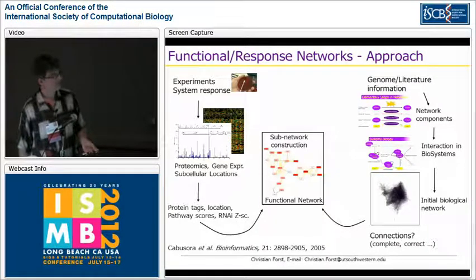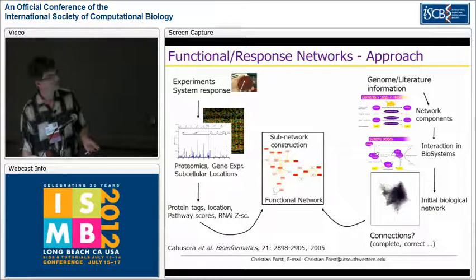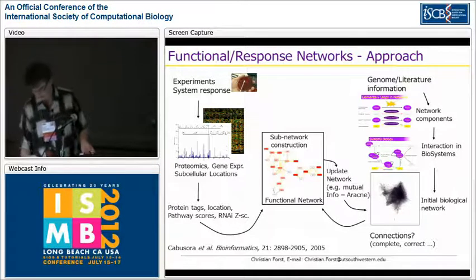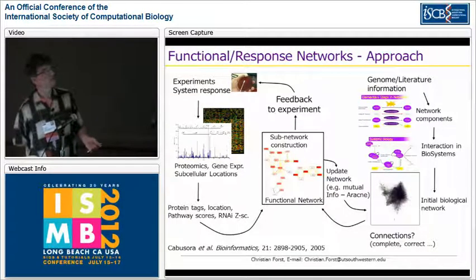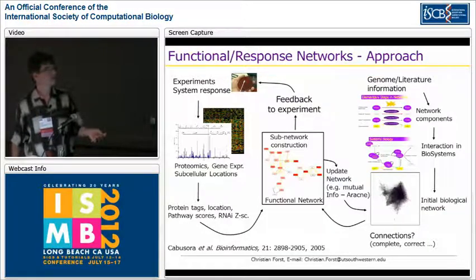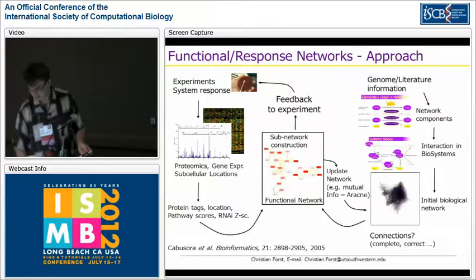The network is then technically a subnetwork based on K-shortest paths between particular nodes in my network. And this can, to some extent, of course, be used to update and refine the large network. But even more important is to provide feedback to the experiments and to make a prediction in this qualitative sense, which can then be experimentally verified.